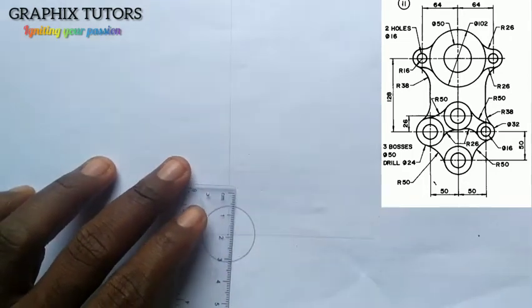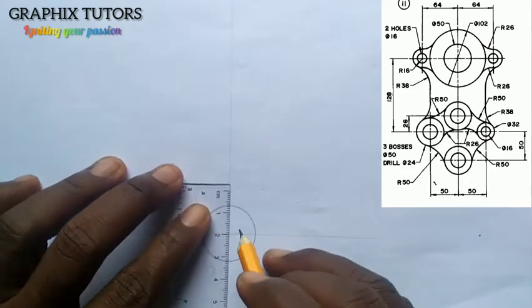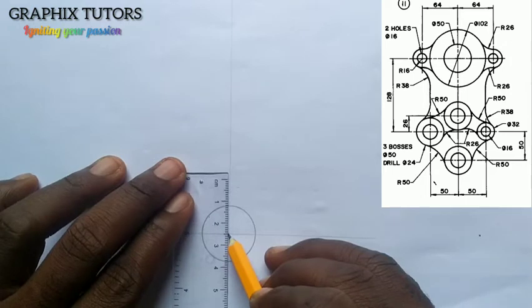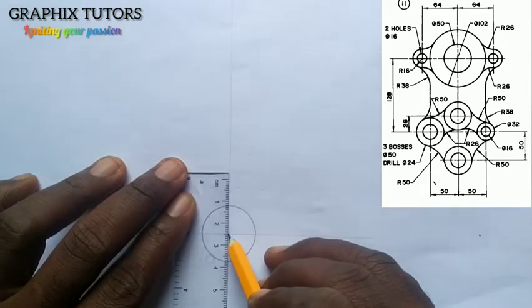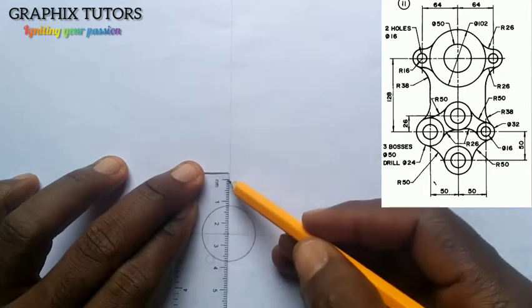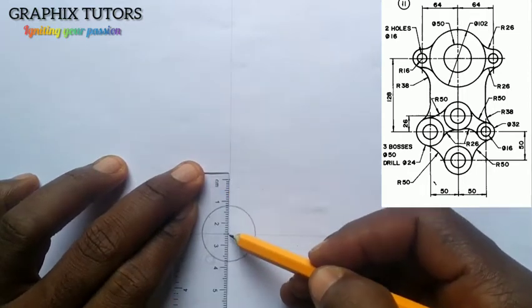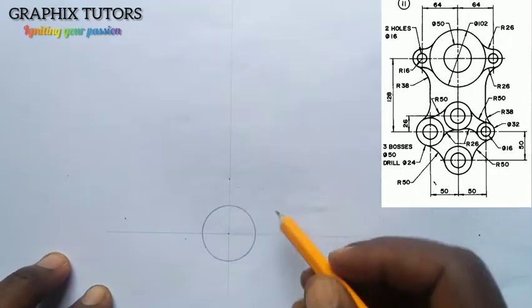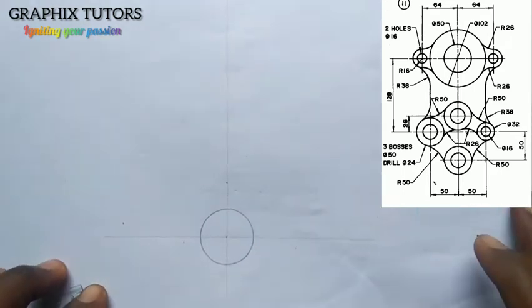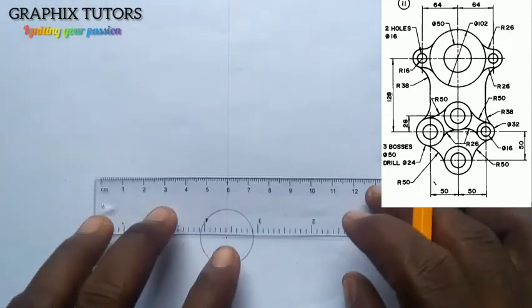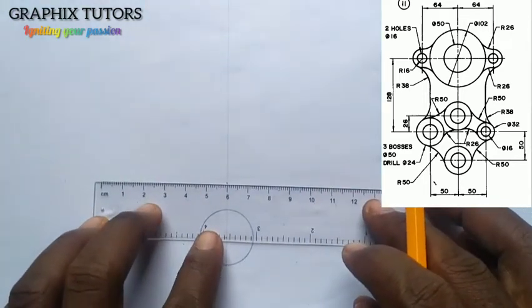I can easily still go back to that, or let me just use my meter rule. This is 25 here, right? So from here I'll measure 25 to this point, because this is 0, 10, 20, and 25. So this is where my 25 ends. Now at that point here, right, I'm going to use my meter rule and draw a horizontal line with the help of your T-square.